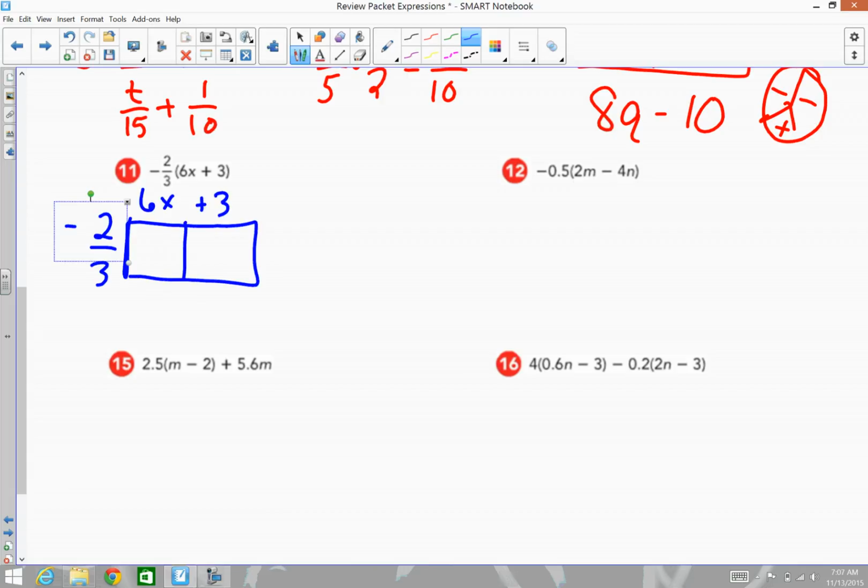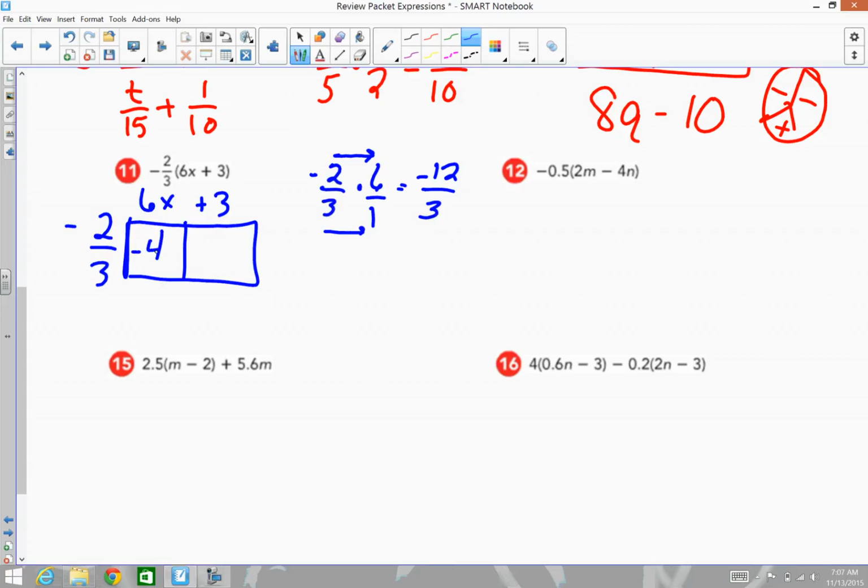Okay, for this one, again, whenever you have fractions, I would do the work off to the side. For this, you might want to cross simplify. You don't have to. Okay, we can just go ahead and multiply. Negative 2 times 6 is negative 12, and 3 times 1 is 3, but then recognize that 12 divided by 3 is 4, and a negative divided by a positive is a negative.